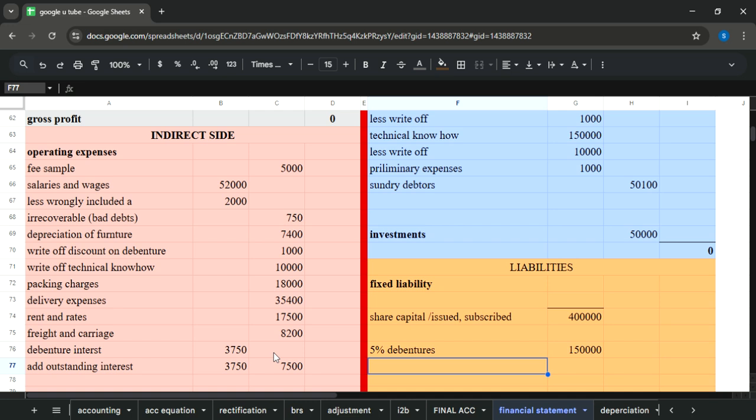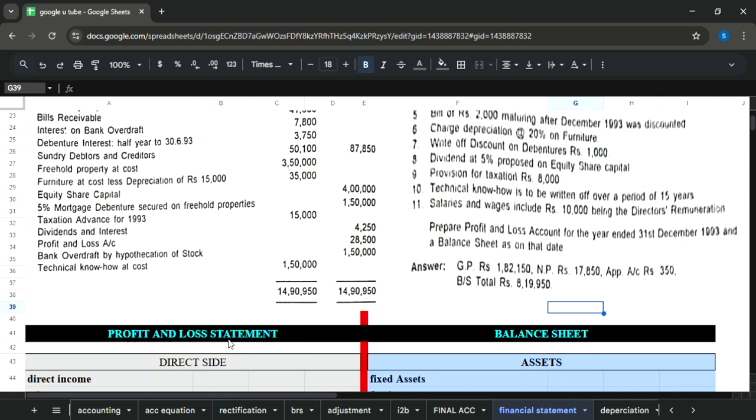Now come to the liability side, and you will mention outstanding interest, and that will be 3750. This 3750, the difference between the outer and inner column, would be considered as outstanding interest. So 5% debentures are completely recorded.